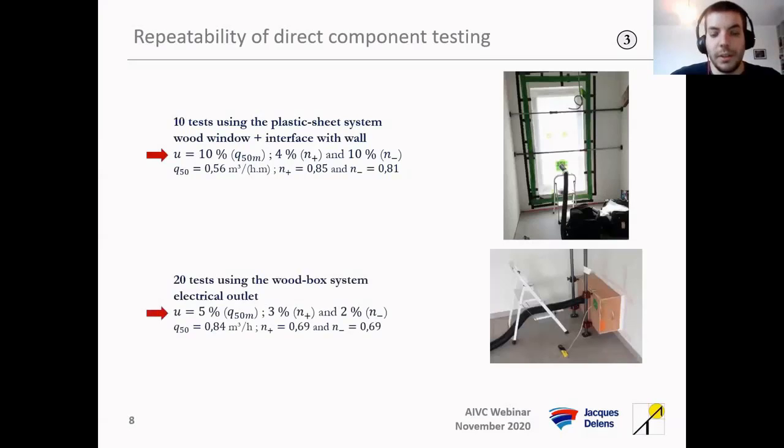For the wood box system, I did 20 tests on an electrical outlet, and the uncertainties there were 5% in average, 3% and 2% for the airflow exponent in pressurization and depressurization.